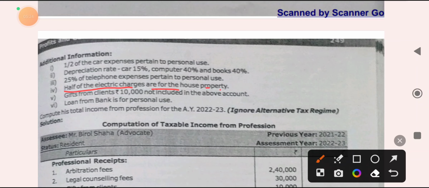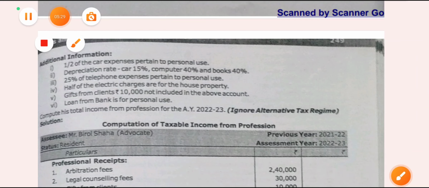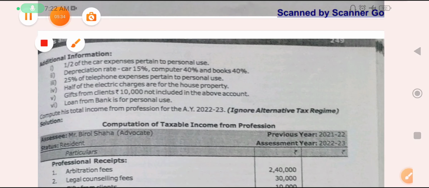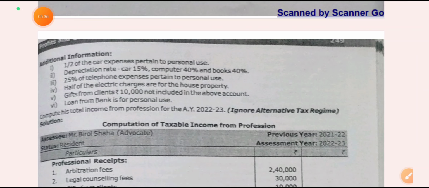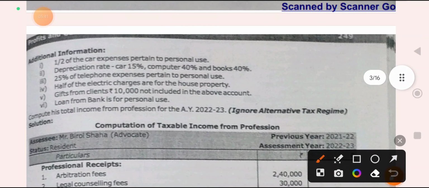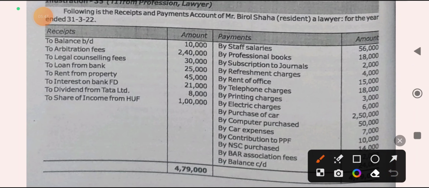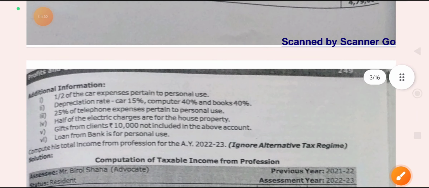If it is for house, it is personal in nature. So out of electricity expenses of 6,000, 1 by 2, 3,000 we need to take.